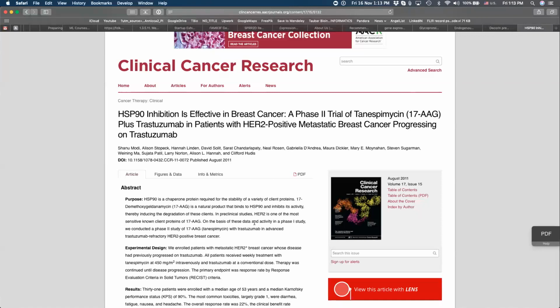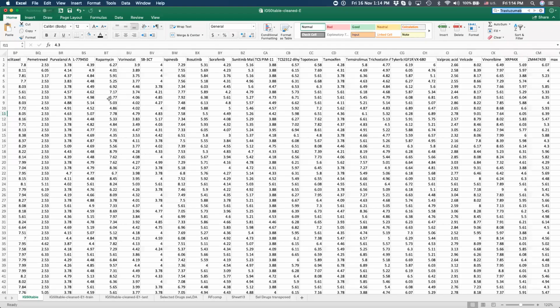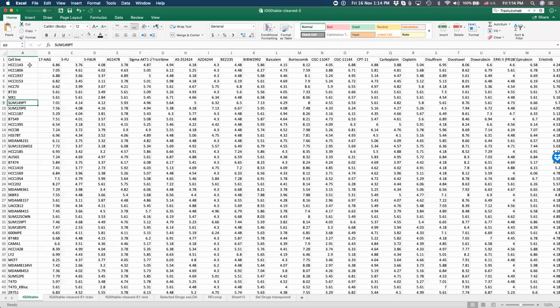On the basis of these data and activity, we conducted a phase 2 trial with another drug, and this is for HER2 positive breast cancers, right? And this is specifically for metastatic HER2 plus breast cancer patients. So this kind of gives you an idea of what you should be expecting.